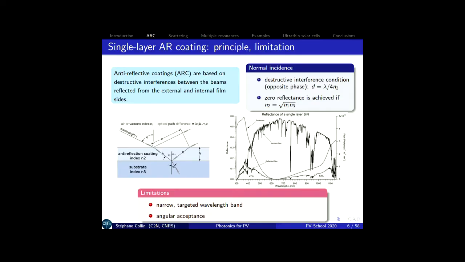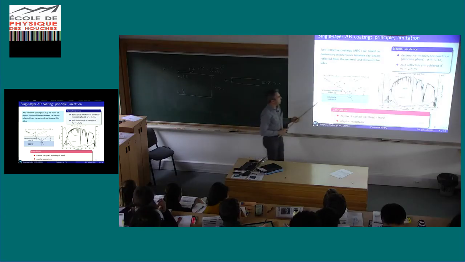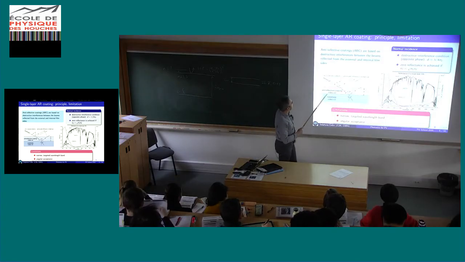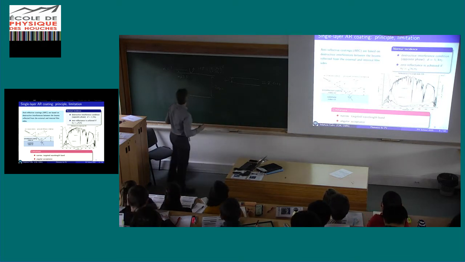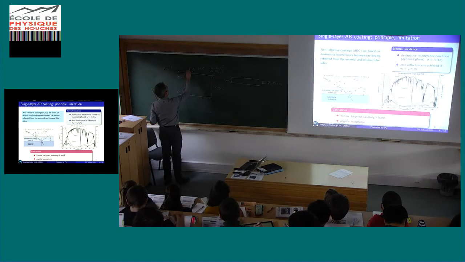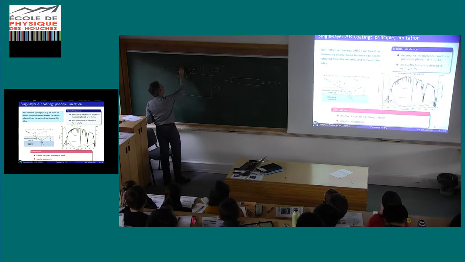So first strategy, a single anti-reflection coating. So you have your substrate here. And the basic idea here is that you have now two interfaces. So you have impinging light. You have a first reflection here.